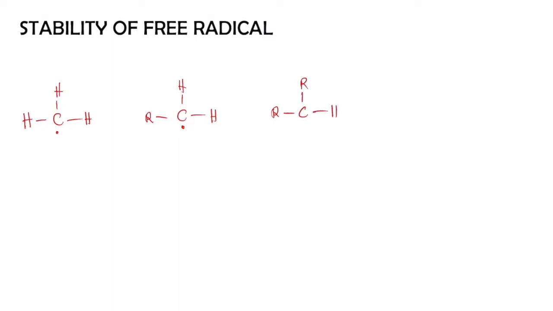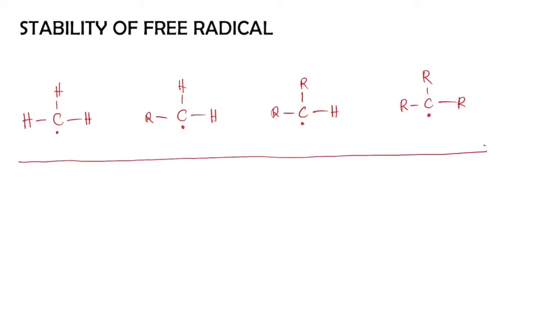Therefore, we can say that tertiary free radical is the most stable among all these 4 free radicals. This is the order of stability in free radical.